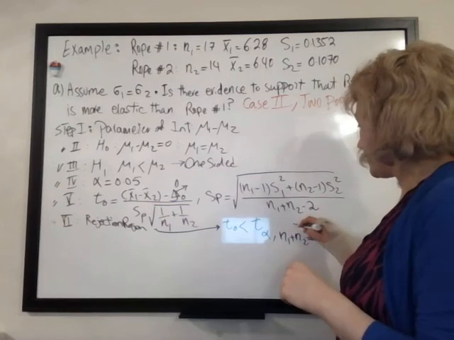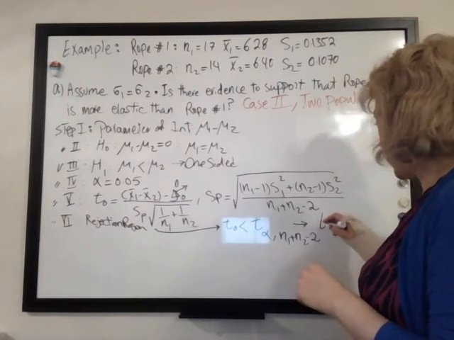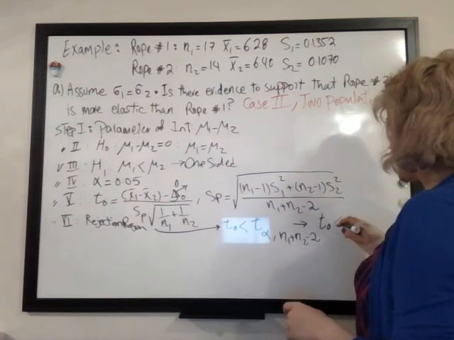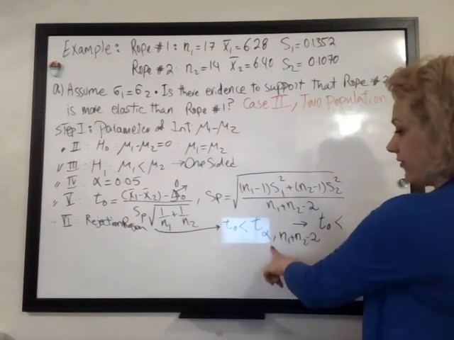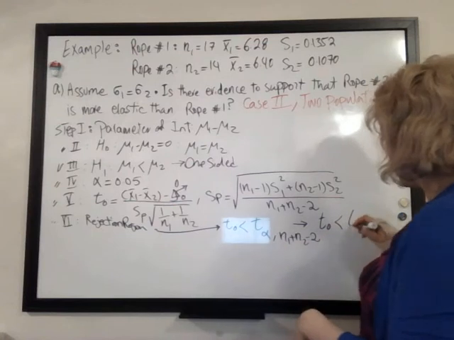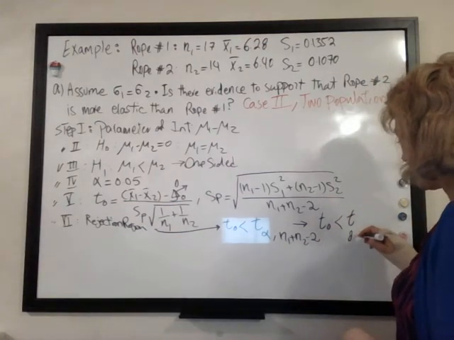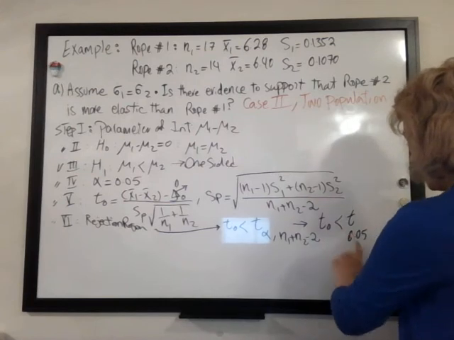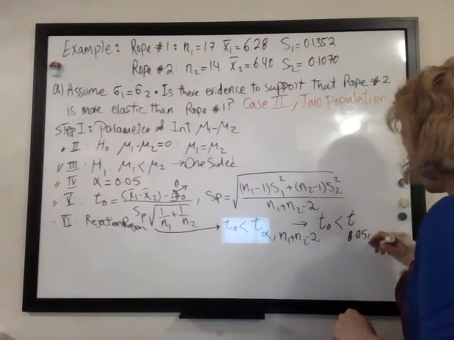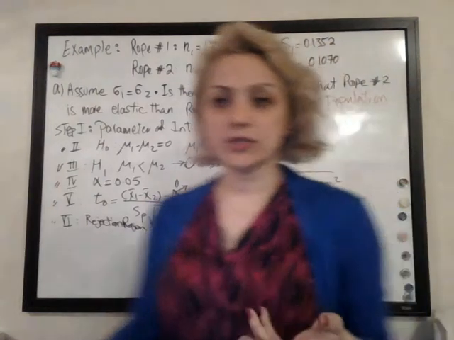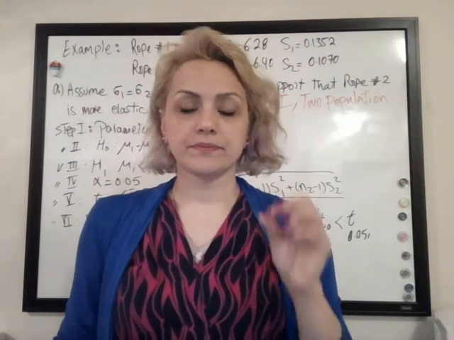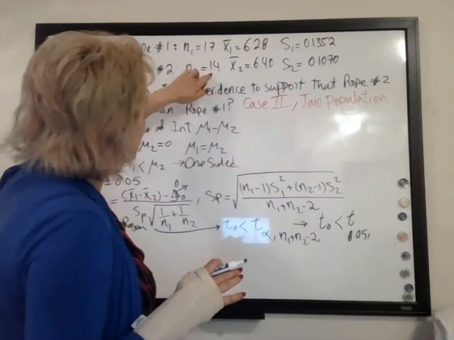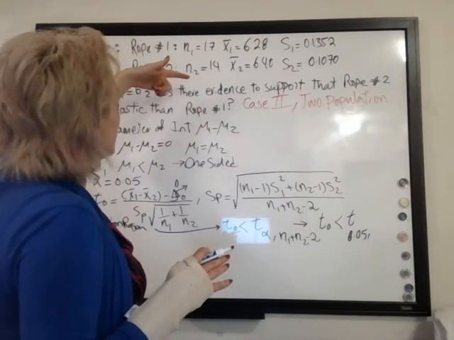In fact, we can say T observed is less than the t at alpha 0.05, and N1 is 17 plus 14 minus 2, so it's going to be 29.